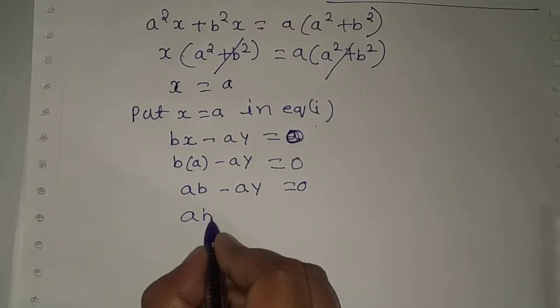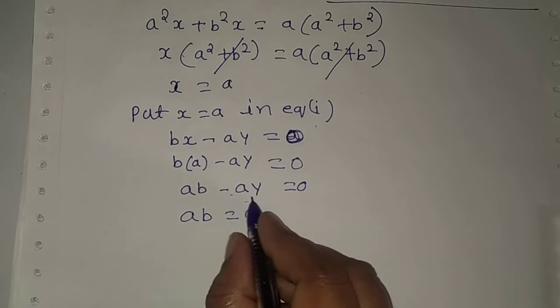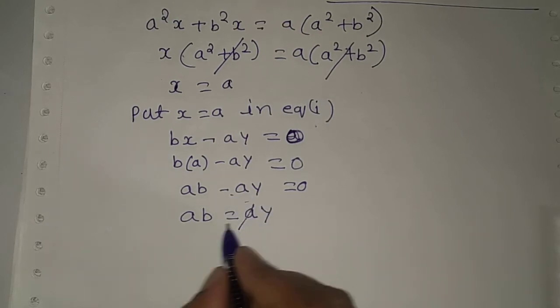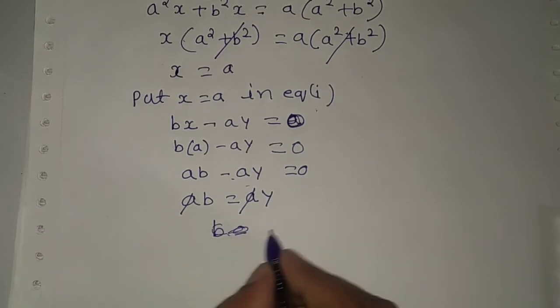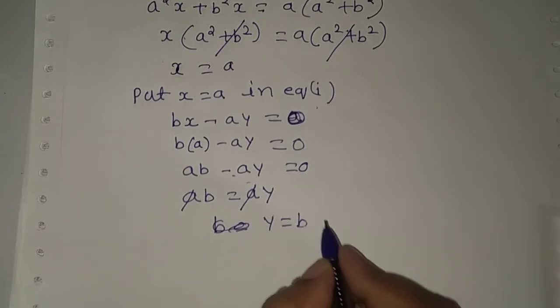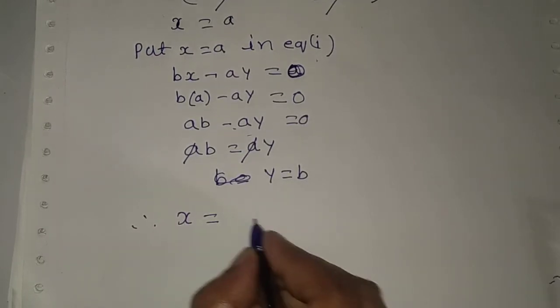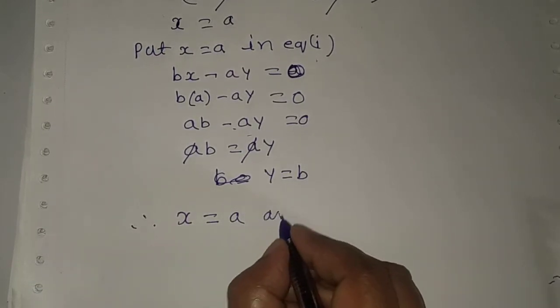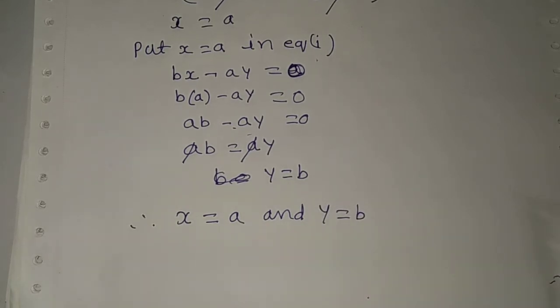Then we have to write ab is equal to, bring to the other side, this will become minus, becomes plus. Now a cancels, finally we'll get y is equal to b. So therefore we got x is equal to a and y is equal to b. So this is the solution for the third problem.